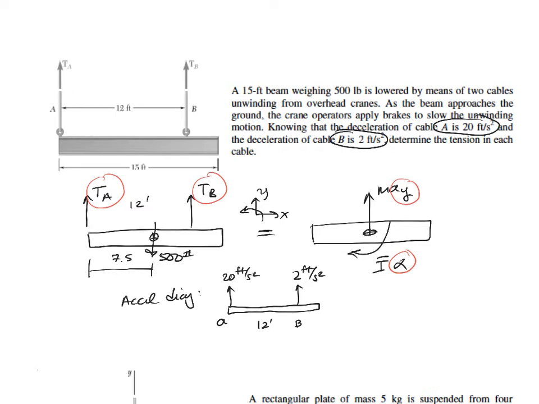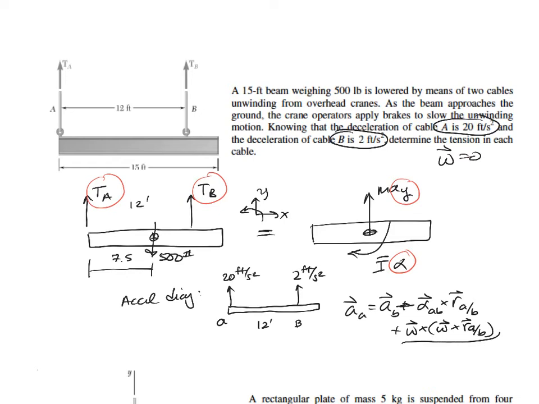So again, I could relate those two through the relative acceleration equation, which is equal to alpha of AB cross R of A with respect to B, plus omega cross omega cross R of A with respect to B. And again, this would be right after the brakes are applied. So I would have that omega equals 0 right there. So that term would go to 0.